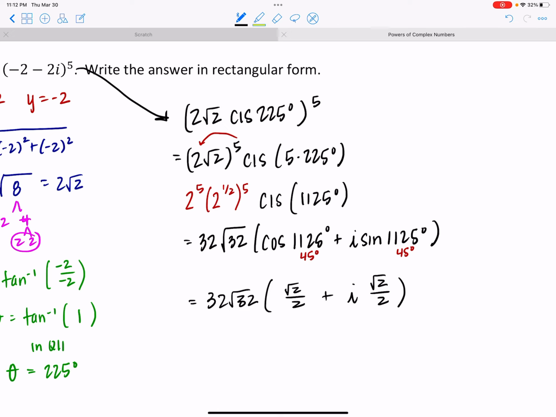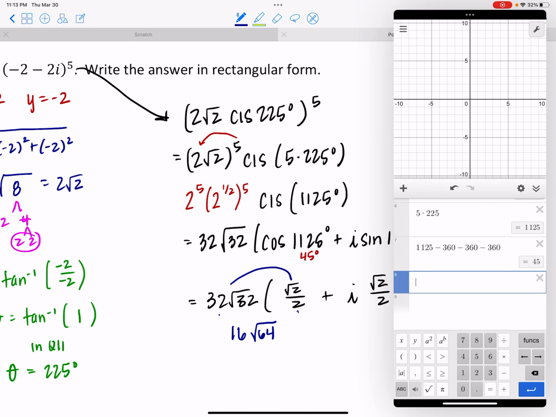Okay. So when I go to continue evaluating this, I have to distribute, right? When I multiply here, outside of the radicals, I have the 32 divided by the 2, which is going to make 16. And then inside the radicals, I have the square root of 32 times 2, which is 64. And the square root of 64 is 8.